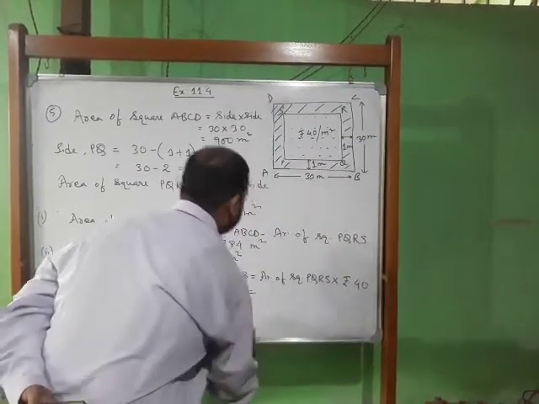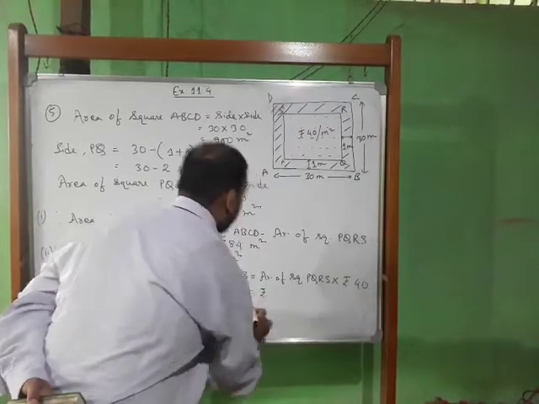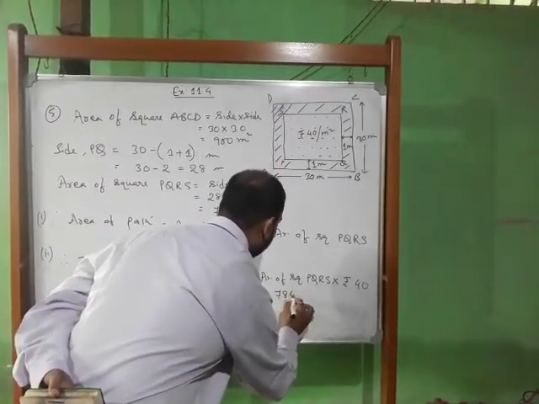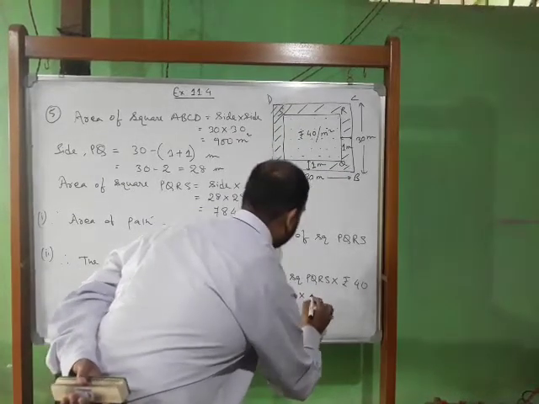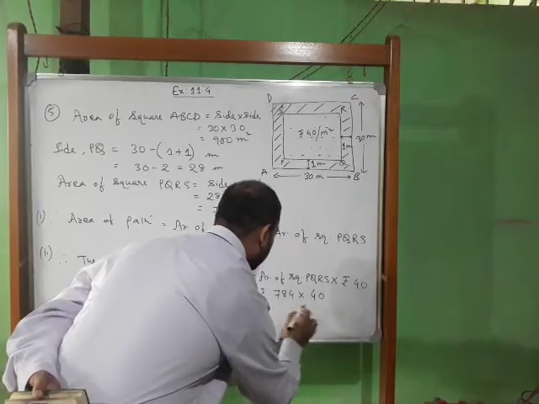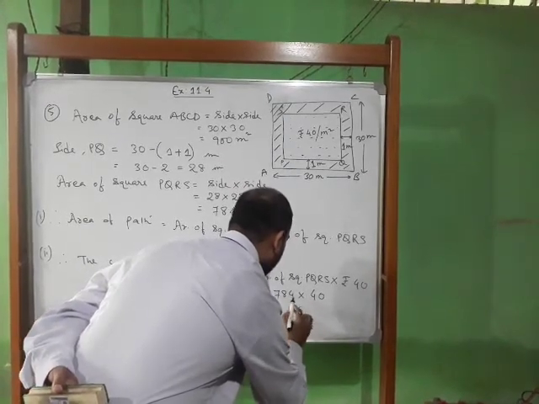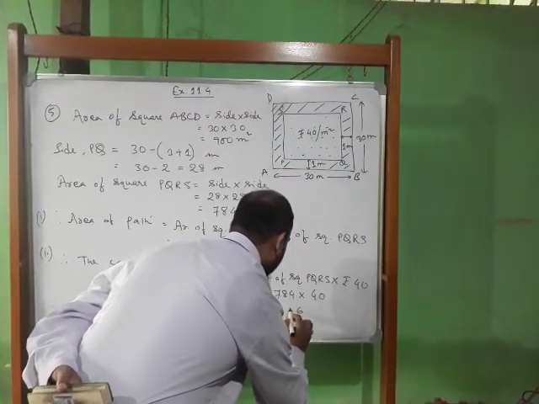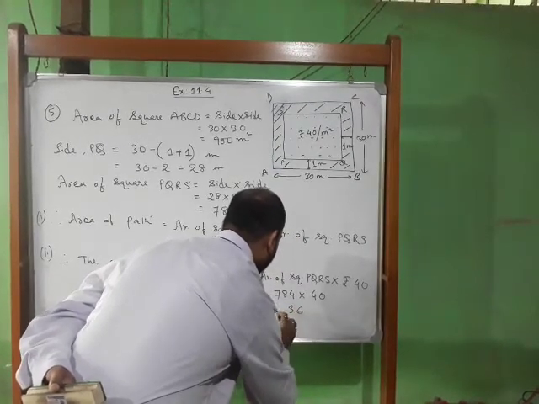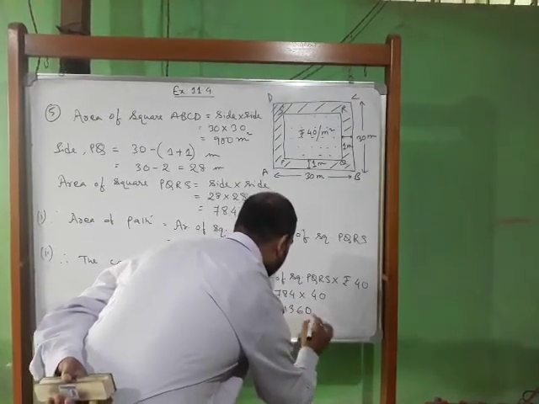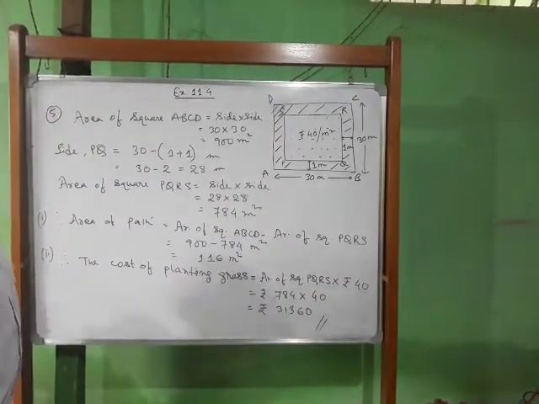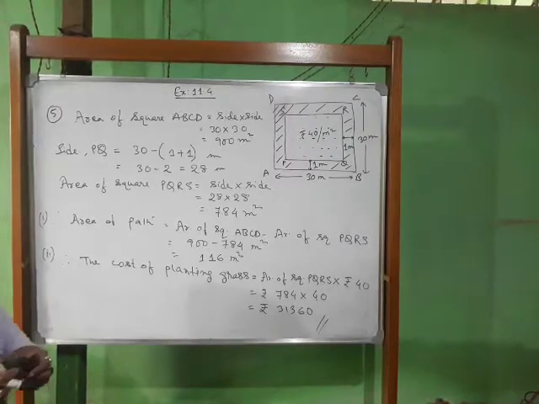So area of square PQRS is 784 into 40. So it is rupees 31360. So this is our final answer.